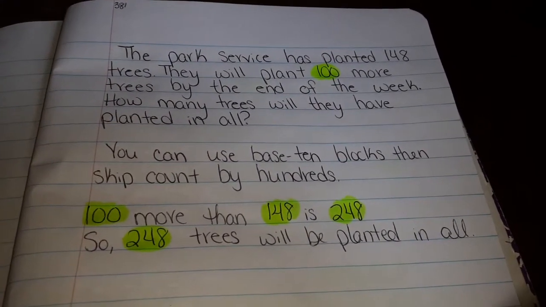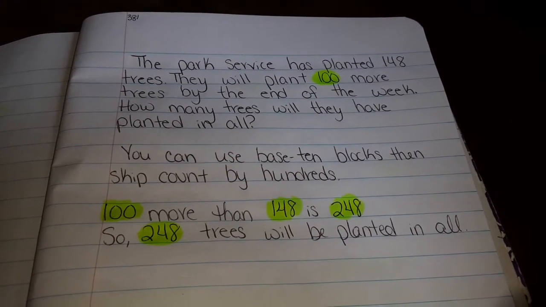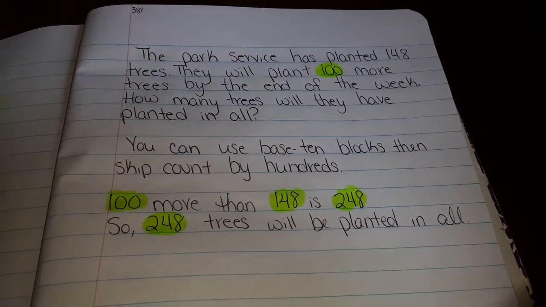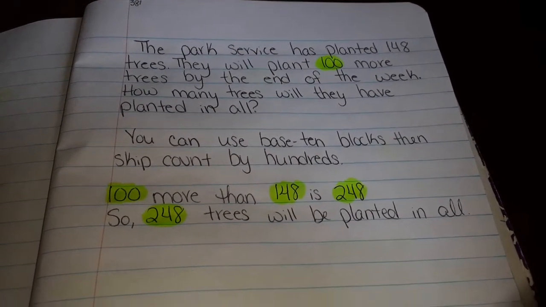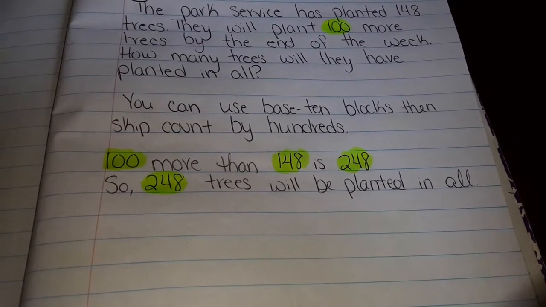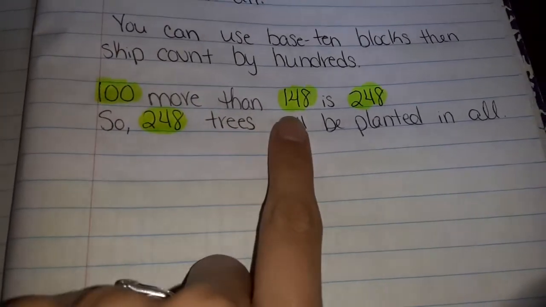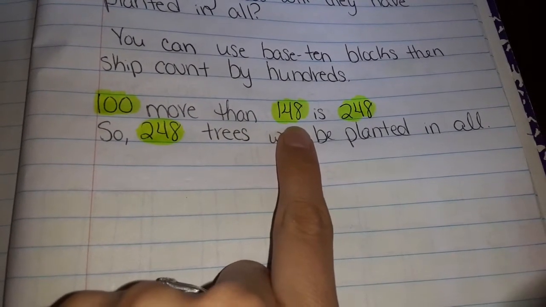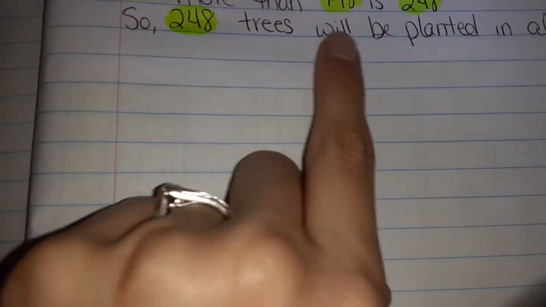The Park Service has planted 148 trees. They will plant 100 more trees by the end of the week. How many trees will they have planted in all? You can use base 10 blocks and then skip count by hundreds. 100 more than 148 is equal to 248.